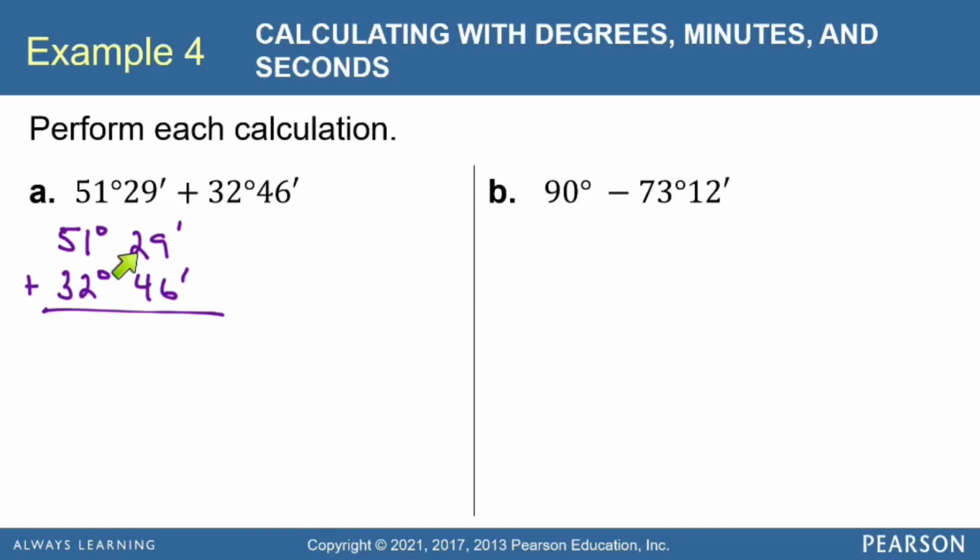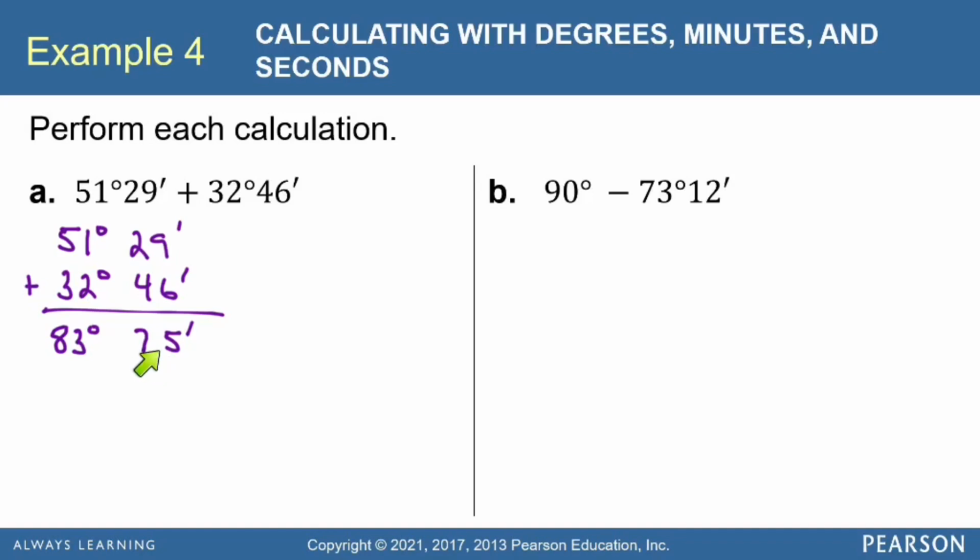So 29 minutes and 46 minutes adds together to give us 75 minutes. And then for the degrees, 51 degrees and 32 degrees adds together to give us 83 degrees. Now we know that this answer is not in final form because we have too many minutes here. There are 60 minutes in a degree, so some of these minutes can be used to make a whole degree.